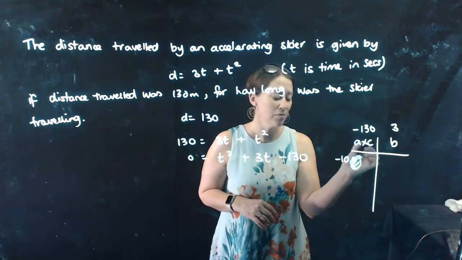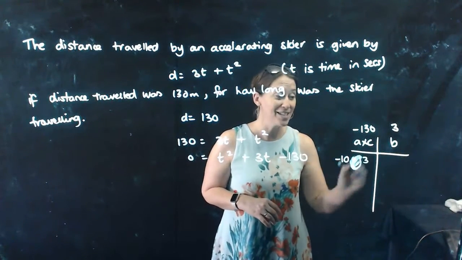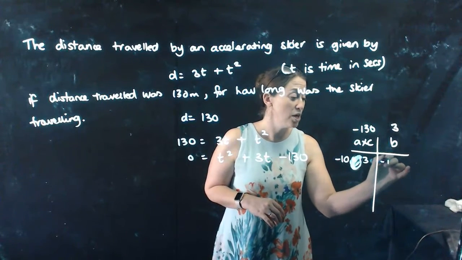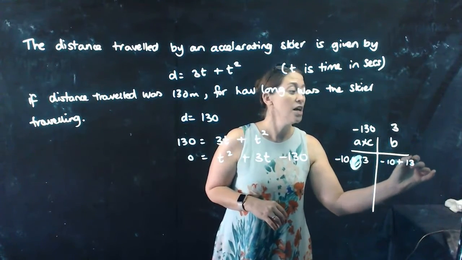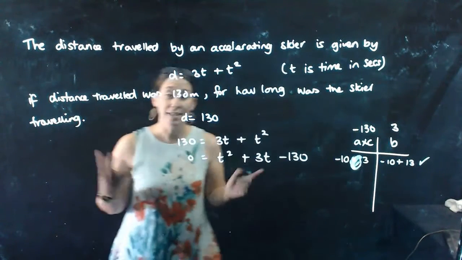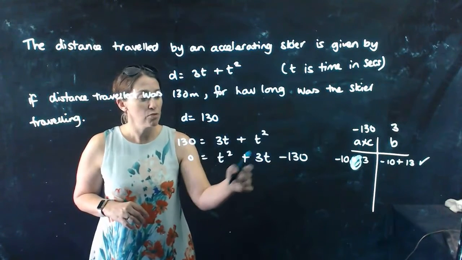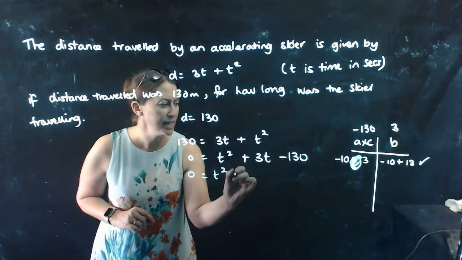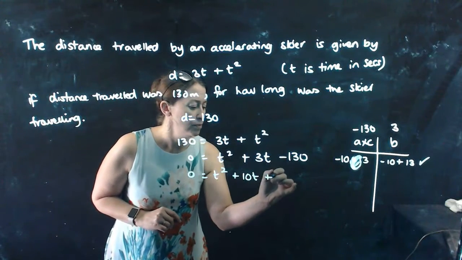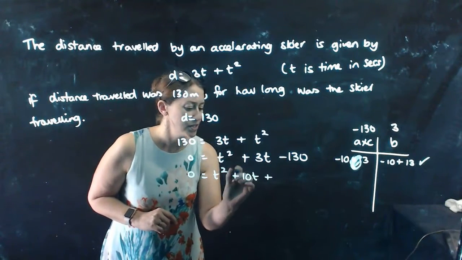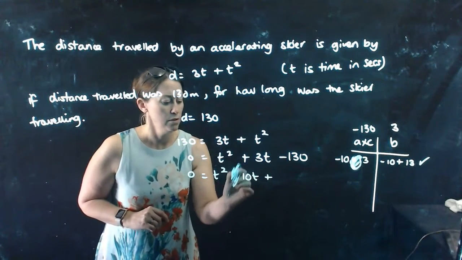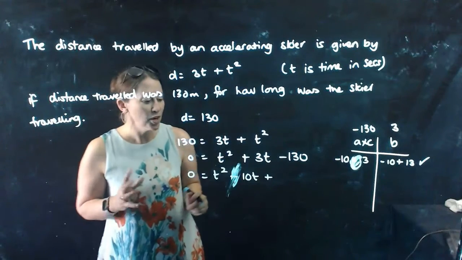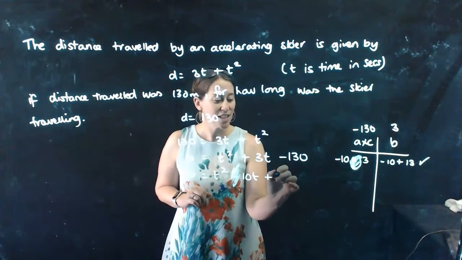That makes negative 130, and minus 10 add 13 makes the 3. So let's pair them off. Let's break our b term down into our two new numbers. So we get minus 10t plus 13t.